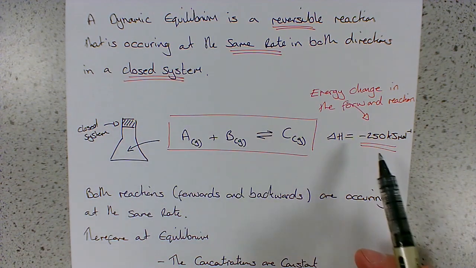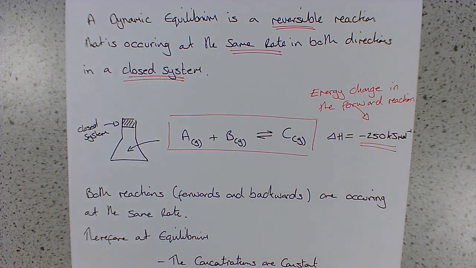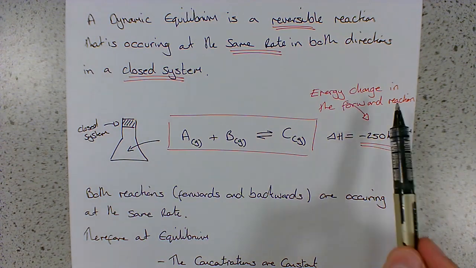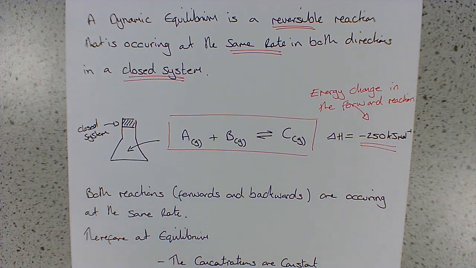So this one here has an energy change or an enthalpy change of negative 250 kilojoules per mole. And we should know that a negative energy change is an exothermic change. So that is telling us that the forwards reaction, A plus B forming C, is an exothermic reaction, which means that C breaking down into B and A must be an endothermic reaction.